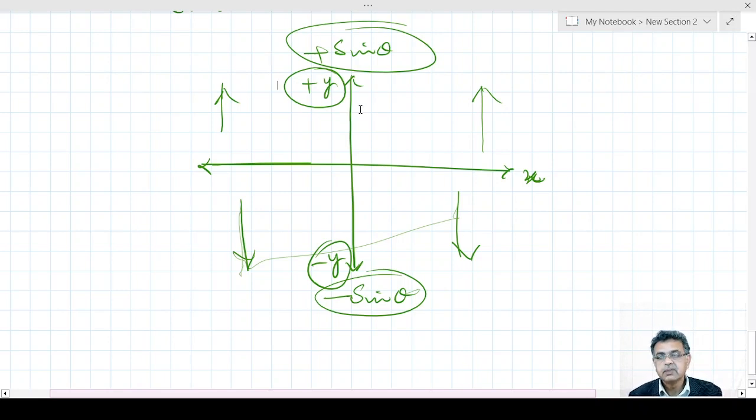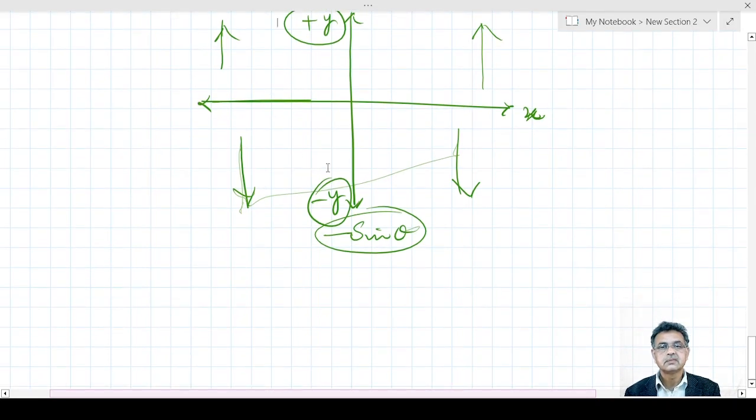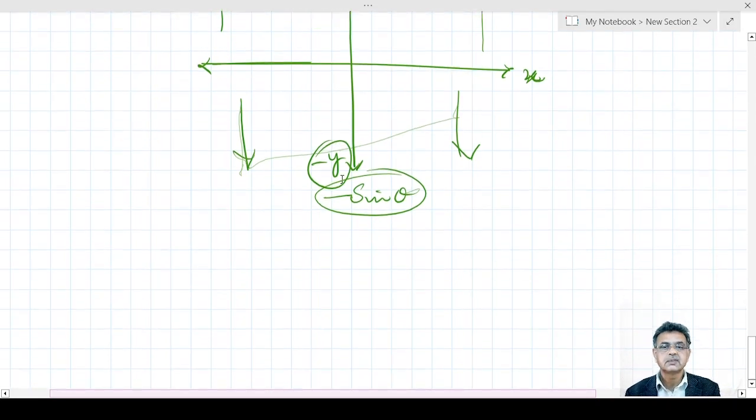So I wish you to remember these ratios with reference to the x-axis and y-axis. Just think about a relation between cos theta and the x-axis, and on the other side sin theta and the y-axis. Wherever sin theta is positive, y is positive, or if y is positive, sin theta is positive.